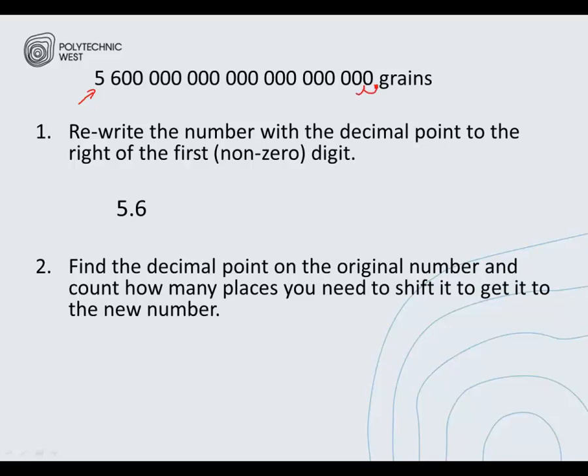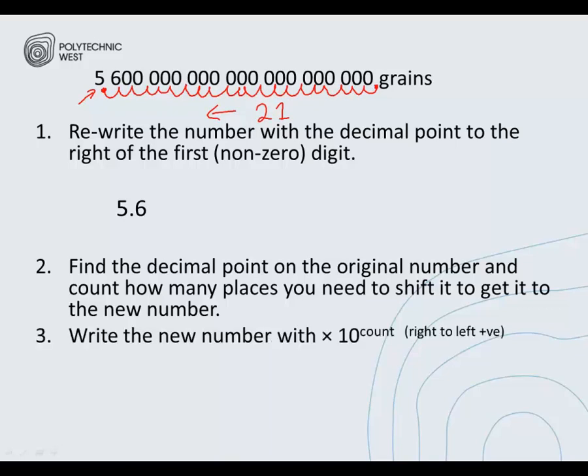So I'm going to shift it 1, 2, 3, 4, 5, 6, 7, 8, 9, 10, 11, 12, 13, 14, 15, 16, 17, 18, 19, 20, 21 places in that direction.